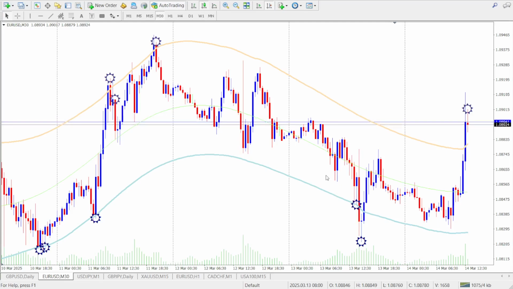Secondly, with reference to reversal potential, when price touches one of these bands, it may reverse, but you shouldn't trade blindly. Instead, look for confirmation signals before entering a trade.